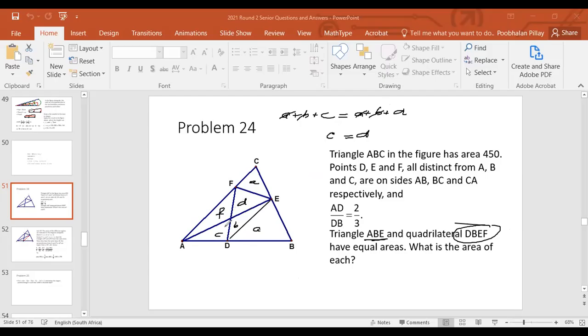So I can replace this D here by C. And then you see that this whole triangle here, its area C plus F, is the same as the area of this triangle. So I just want to isolate these.